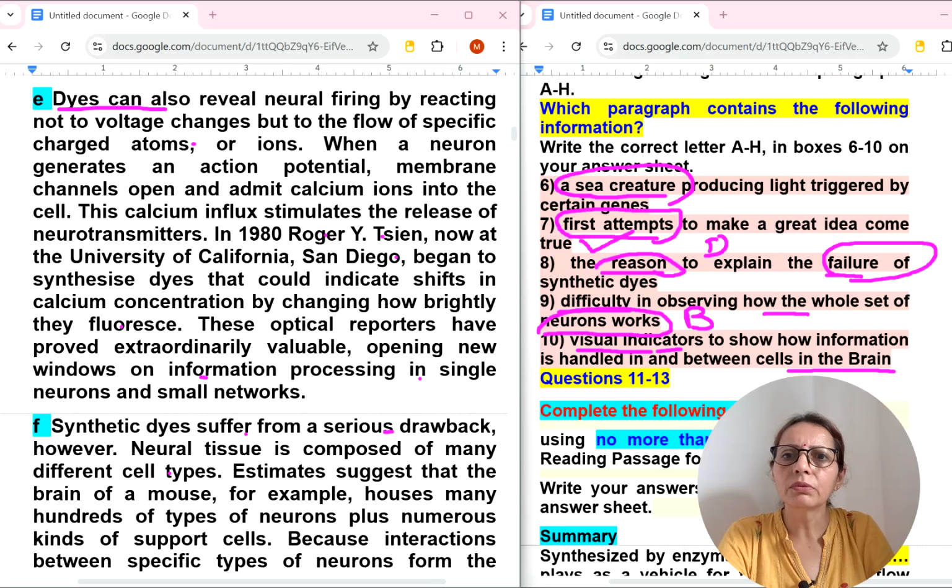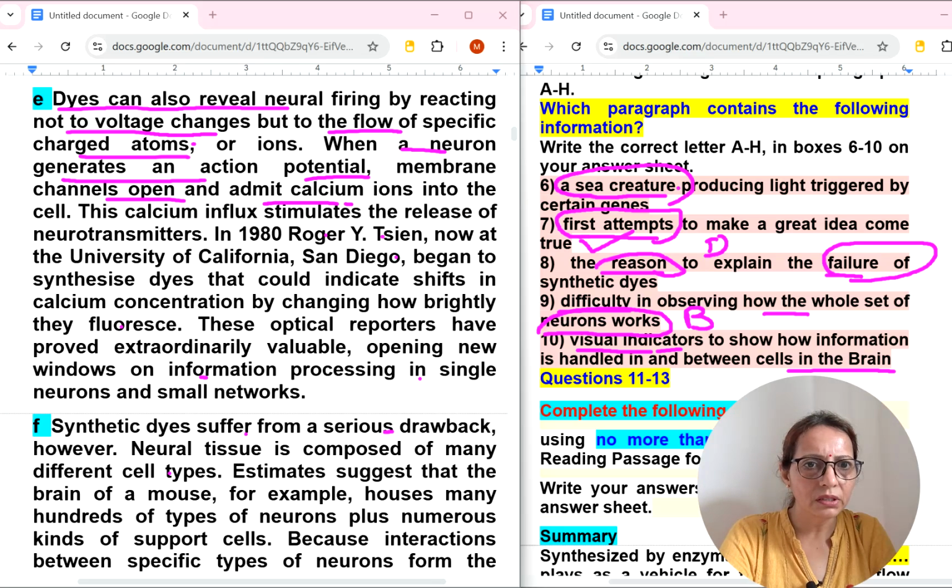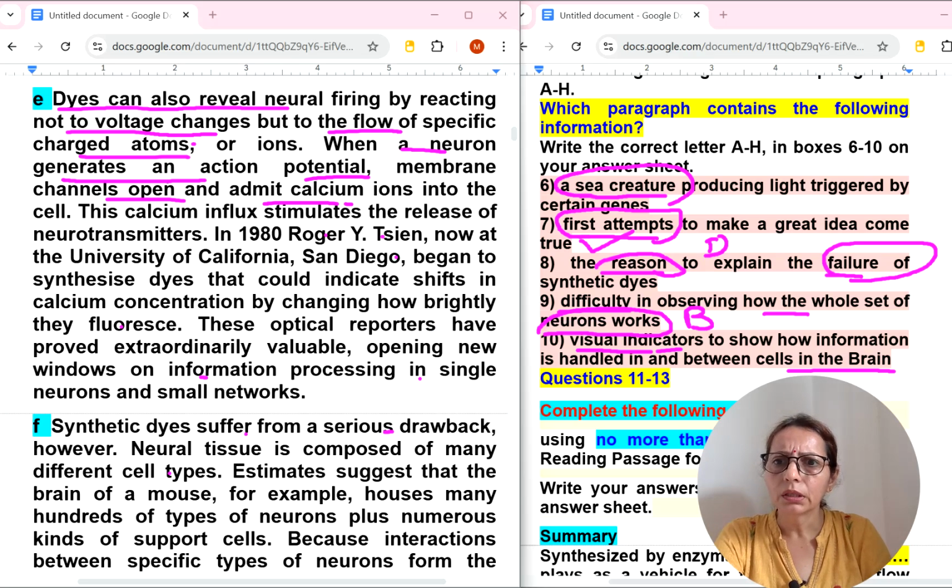Dyes can also reveal neural firing by reacting not to voltage changes but to the flow of specific ions. When a neuron generates an action potential, membrane channels open and admit calcium. So anything is matching. Sea creature we are looking. We had the reason to explain the failure of synthetic dyes. The visual indicators. This calcium influx stimulates the release, begin to synthesize dyes that could indicate shifts in calcium concentration by changing how brightly they glow.